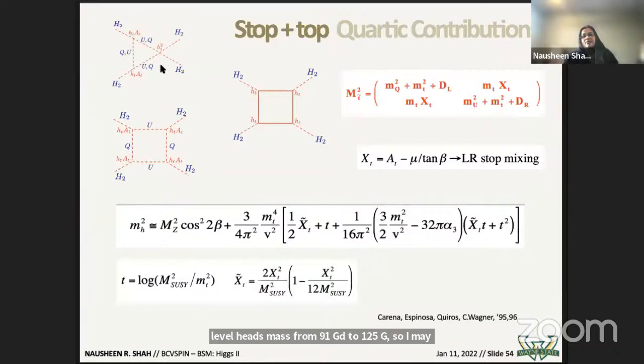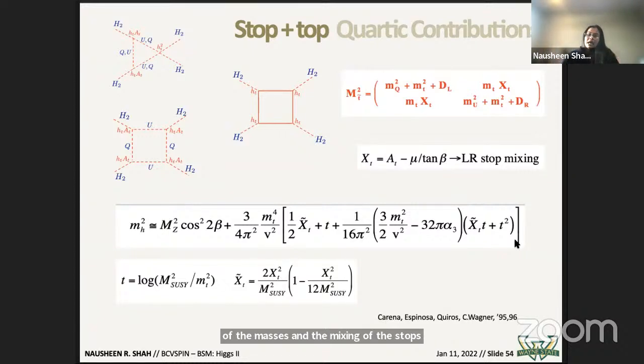So I'm basically here writing down all of the different contributions that you have for the different quarks in there, and then the mass matrix for the stops, etc. The bottom line, this is what the Higgs mass will be once you include these stop and top quark contributions. So you have the tree level part, which is at most mZ, and then you have this additional stuff over here, which depends on the parameters of the masses and the mixings of these stops.